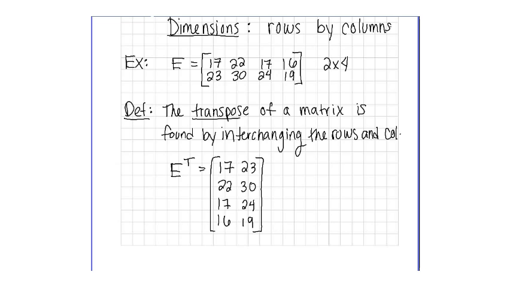So matrices have to have the ability to have math performed upon them, so different operations. So 2 matrices can be added or subtracted if and only if they have the same dimensions. So I'll write that out. So 2 matrices can be added or subtracted.